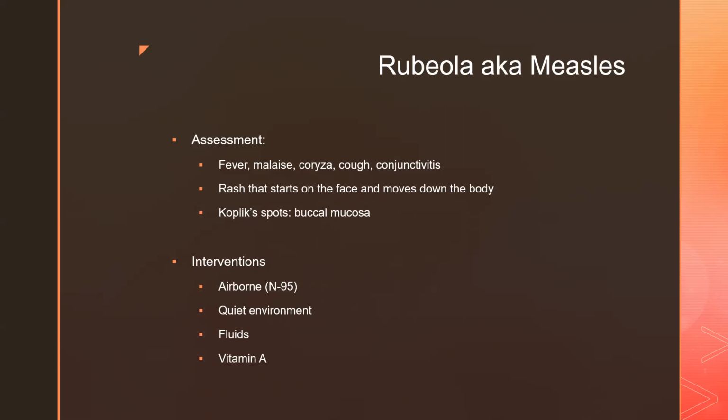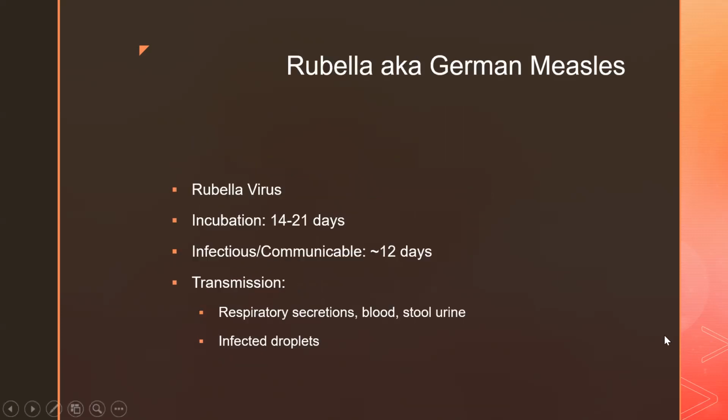And then last but not least, most of these patients are going to receive vitamin A. Okay, so vitamin A, if that shows up on any of your testing, whether it be the NCLEX or something else, vitamin A tends to reduce mortality by about 85%. Not that the 85% would be on any sort of testing situation, but understanding that as a nurse, if I give vitamin A, I can actually improve the outcomes of these patients.